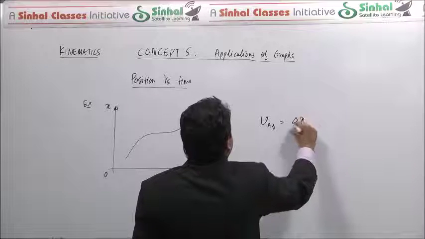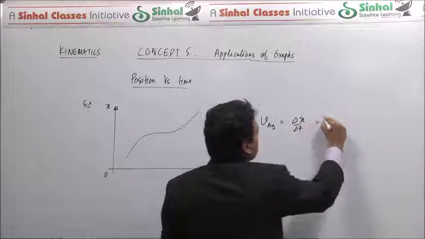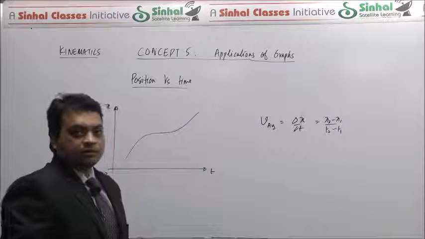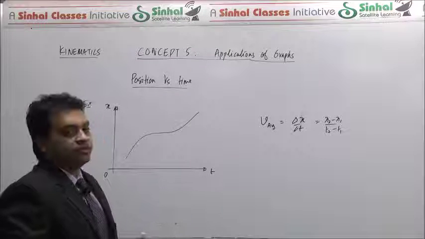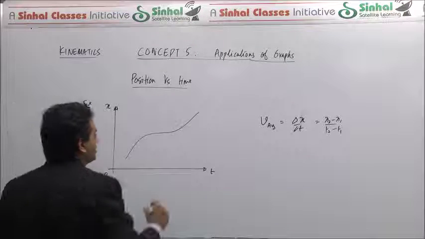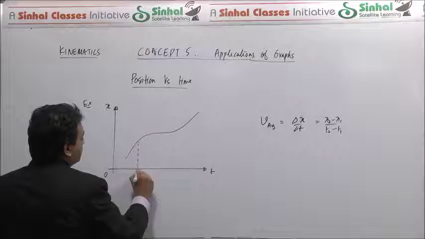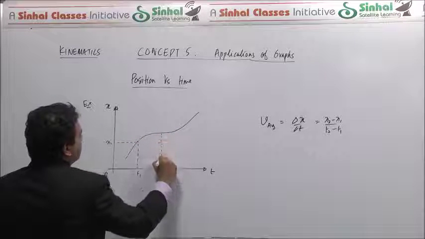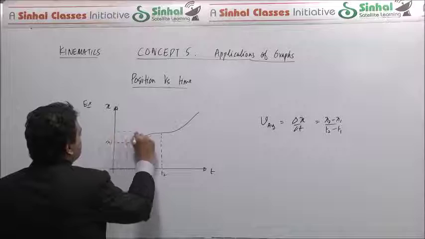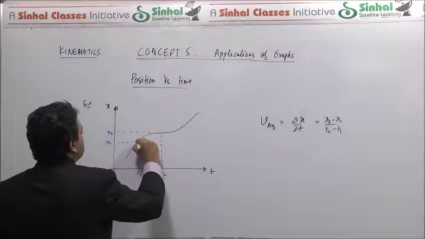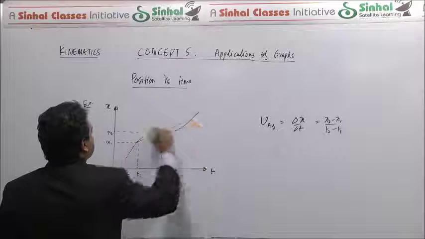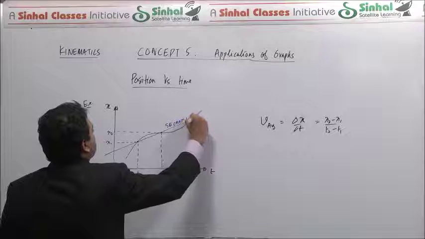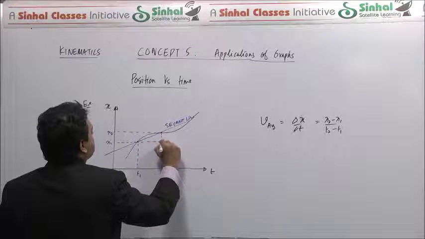For example, average velocity is the average rate of change of position with respect to time. So it is delta x by delta t, or x2 minus x1 upon t2 minus t1, when we are looking at an interval of time from t1 to t2. Graphically, if this is the time t1 and the corresponding position is x1, and this is the time t2 and the corresponding position is x2, then this line, which is called a secant line, has a slope that is nothing but the average velocity.